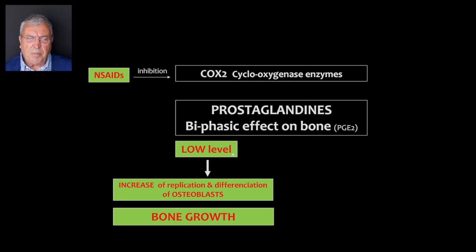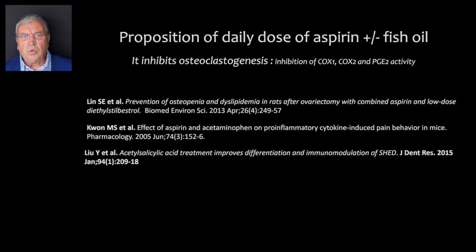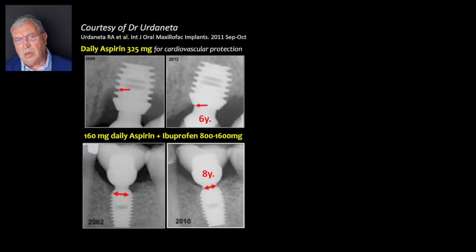I want to show you some cases made several years ago. The proposition was to give aspirin with or without fish oil. And this is the experience of Dr. Urdaneta. He was following patients with peri-implantitis, but just these patients were getting aspirin or ibuprofen because of cardiovascular protection and low back pain.